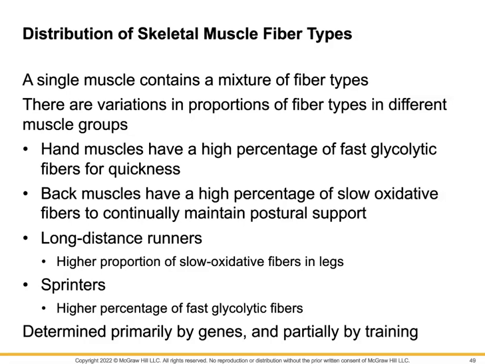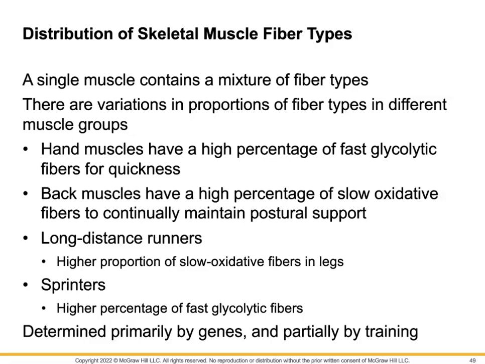Okay? So variations are seen most dramatically in very well-trained, high-caliber athletes. So if you have a distance runner, they're going to have a higher proportion of slow oxidative fibers in their lower limb muscles, so the leg muscles.